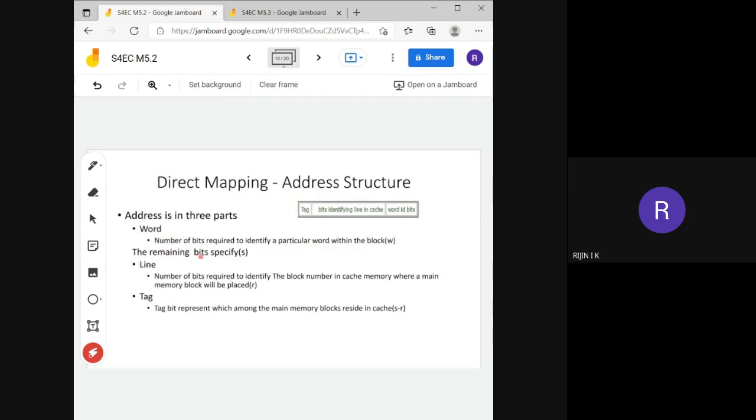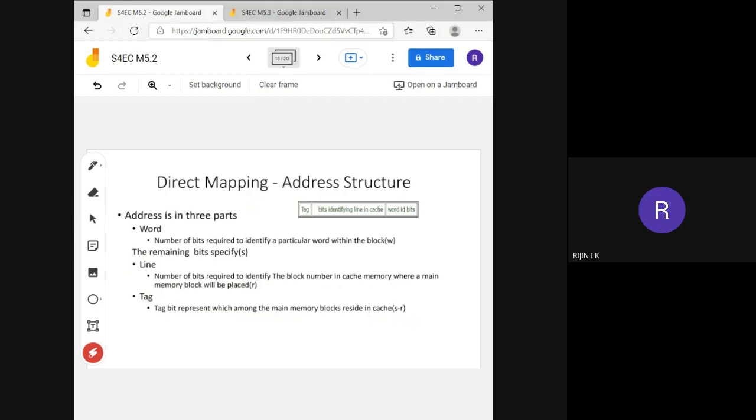Then the remaining bits are for the block number of the main memory, which is divided into two sections. One is line, the number of bits required to identify the block number in cache memory where a main memory block will be placed. Then the last is the tag bit, which represents which main memory block resides in cache memory.